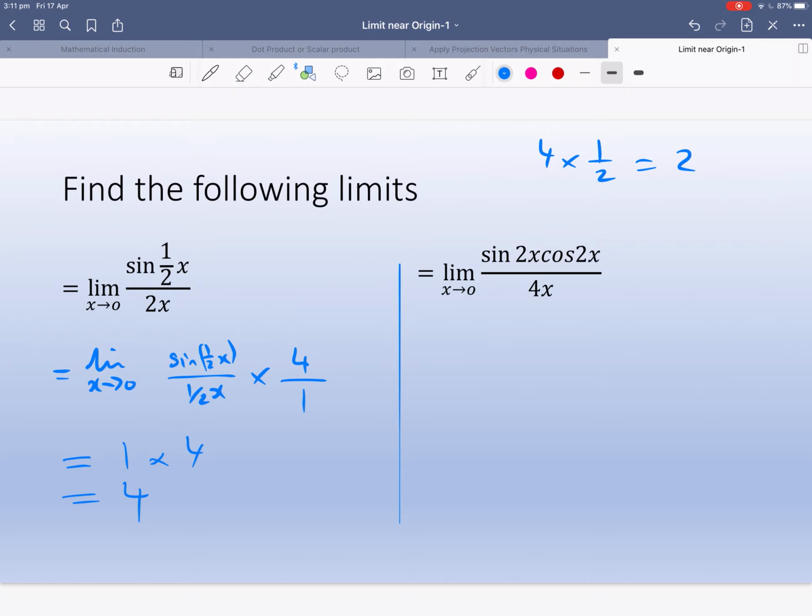All right, what about this one? Well, this one's interesting because it's an identity. Now, I know that this identity, sine 2x is equal to 2 sine x cos x.